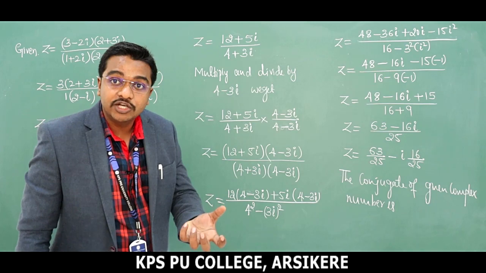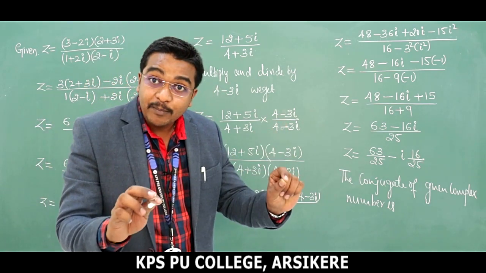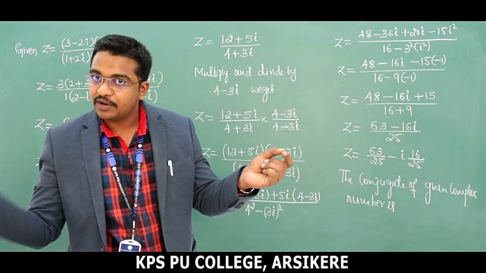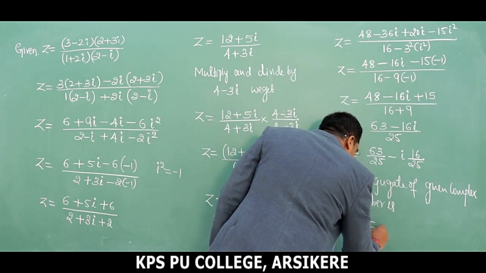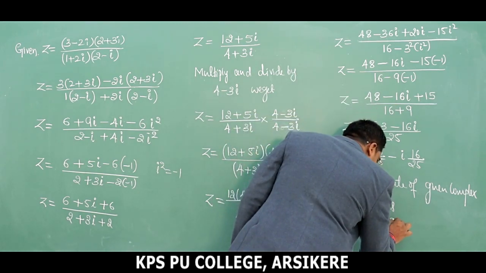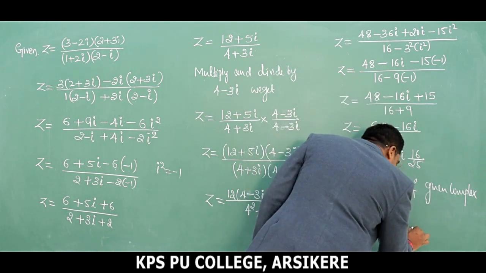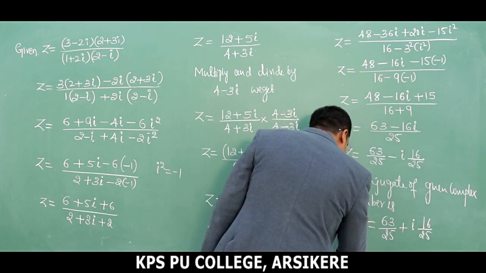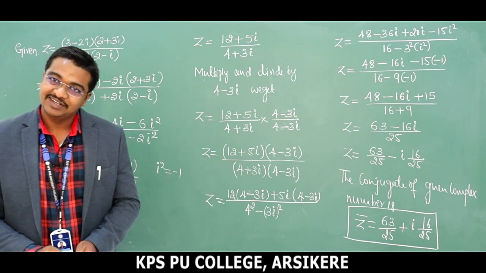So how to find the conjugate here? Write the real part as it is, the sign of the imaginary part changes. When it is plus, that becomes minus, when it is minus, that becomes plus. So Z bar is equal to 63 divided by 25 plus i times 16 divided by 25. This is the required conjugate of the given complex number.